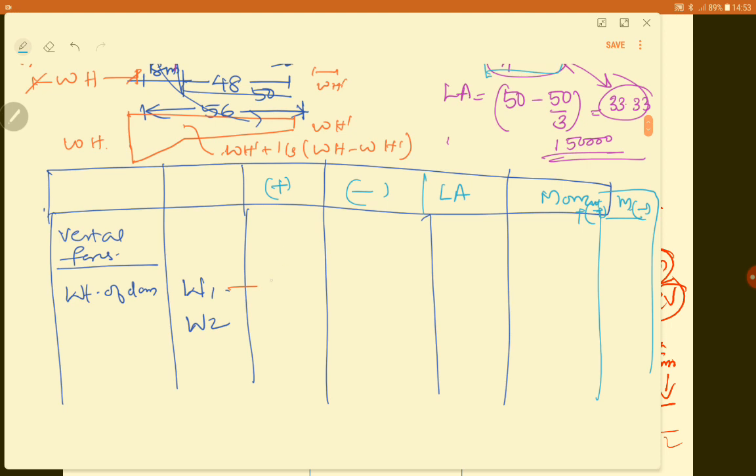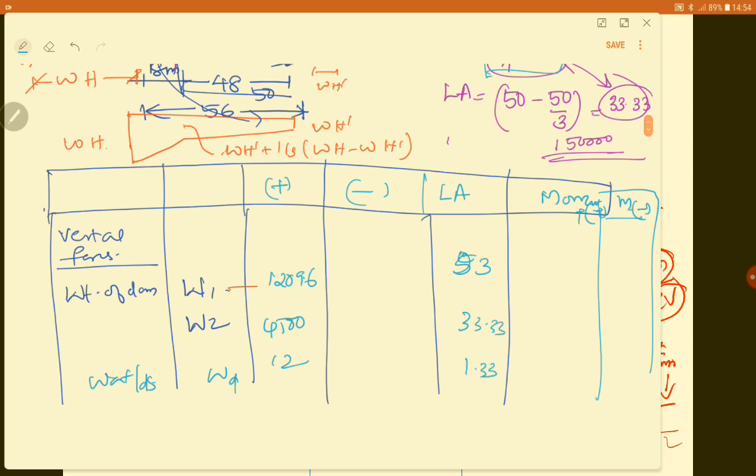The positive forces are 1209.6, 4500 and 12. Water downstream. Lever arms, 53 was the first lever arm, 33.33 was the second lever arm, 1.33 was the third lever arm.